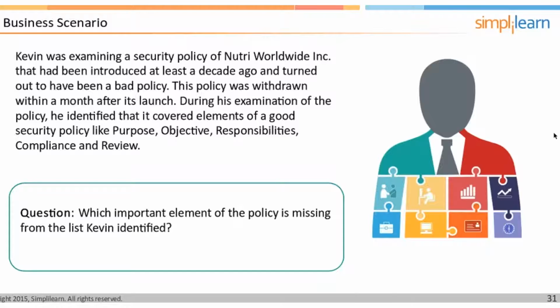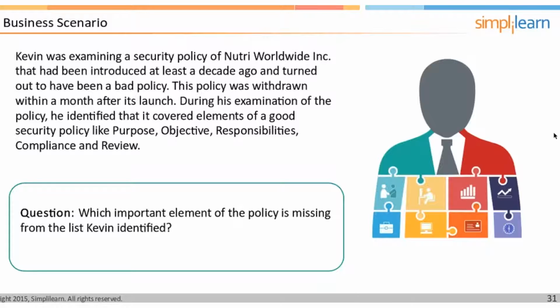Let's begin. Kevin was examining a security. Hold on. What we said was we'll read the question first, try to understand the question, and only after which we will read the scenario. Sure. The question is: which important element of the policy is missing from the list Kevin identified? Okay, the scenario, please.